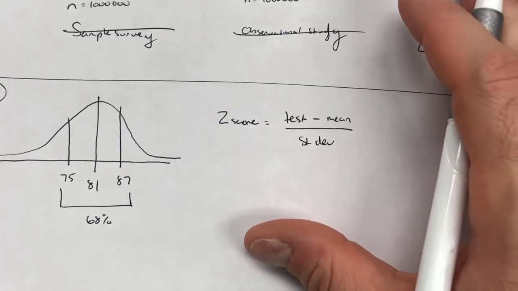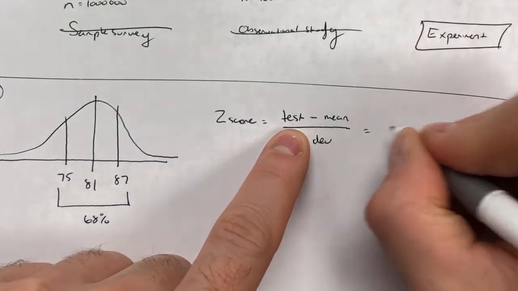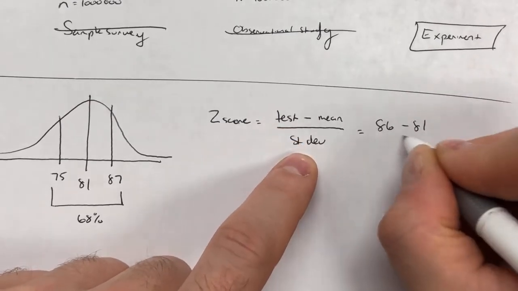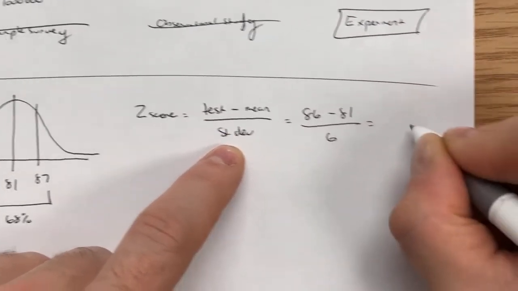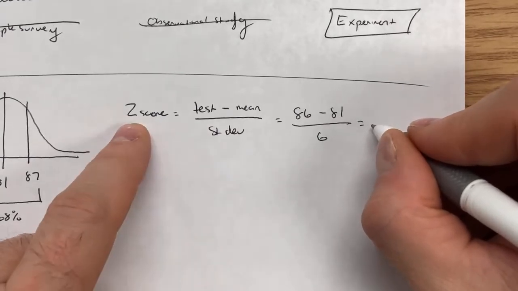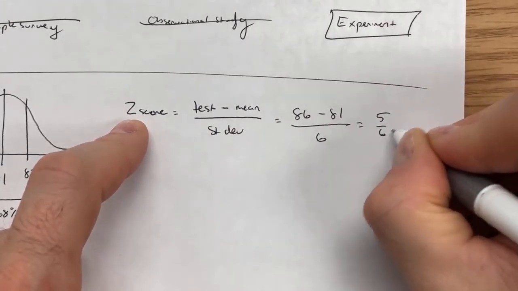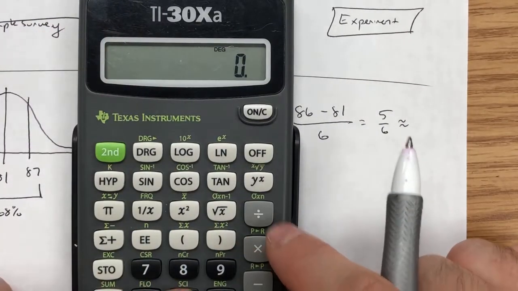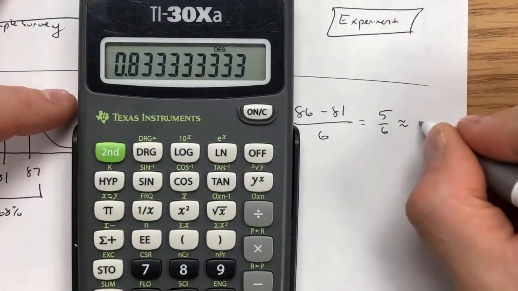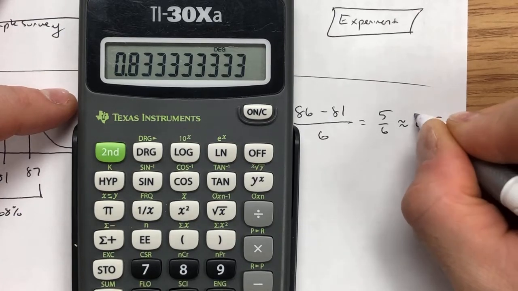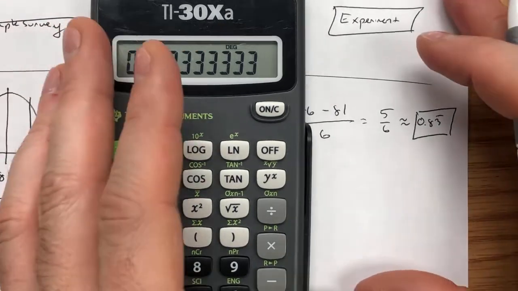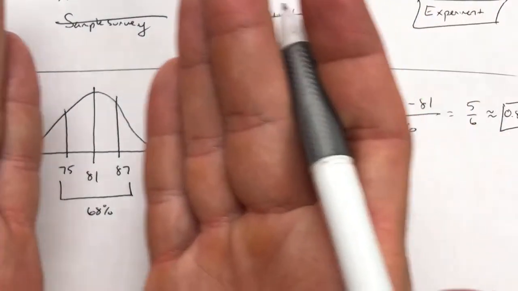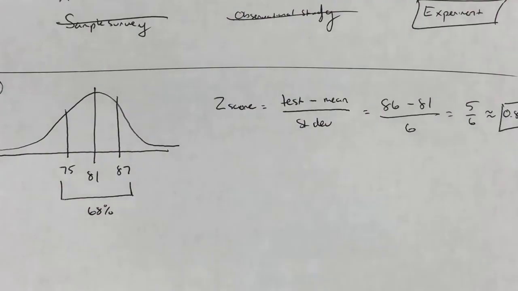So if our data point, or our test, was an 86, our mean was an 81, and we had a standard deviation of 6, this is saying our z-score for this particular student was 5 out of 6, or roughly 0.83 repeating. That is their z-score, 0.83, meaning they're within a deviation, they're considered a normal student. And there we go.